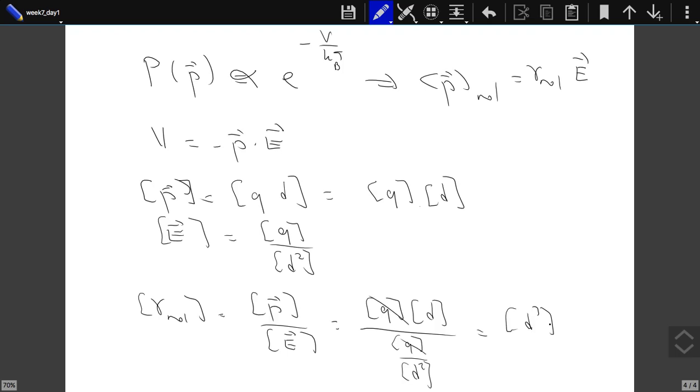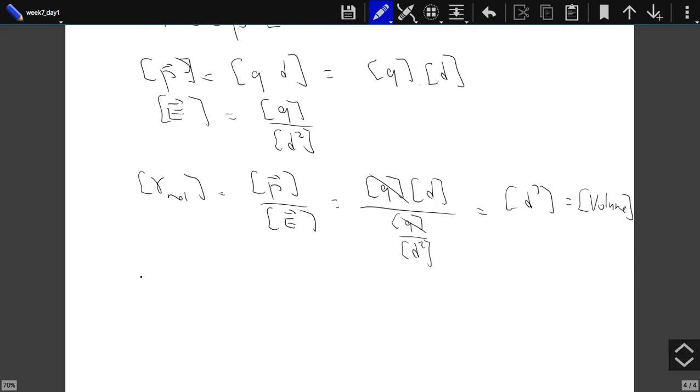Now, the unit of gamma mole is equal to the unit of P divided by the unit of E, which is QD divided by Q over D squared. The Q's cancel. This is distance cubed, or volume. Typically gamma will be the volume of your molecule.